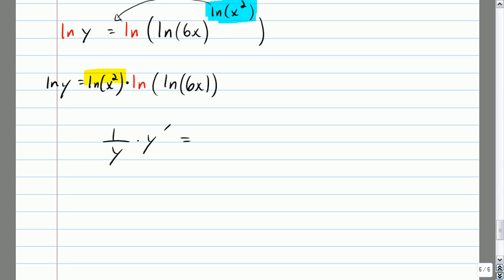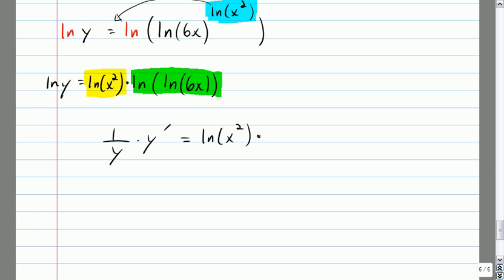I've got the yellow function multiplied by the green function, the natural log of 6x. That should be fun. So, product rule: the yellow times the derivative of the green plus the derivative of the yellow times the green.